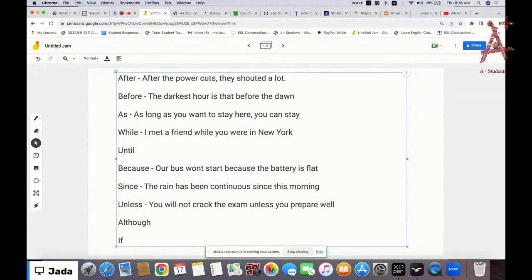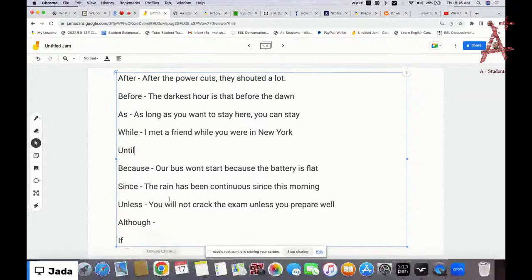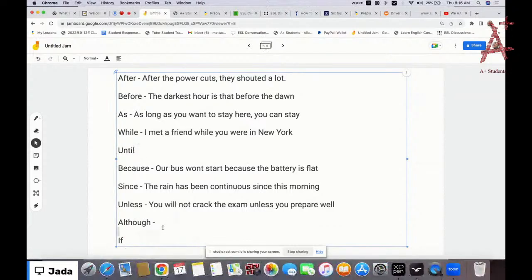Although, so unless we leave now, we will be late. So we have although, so yeah, she went to work.